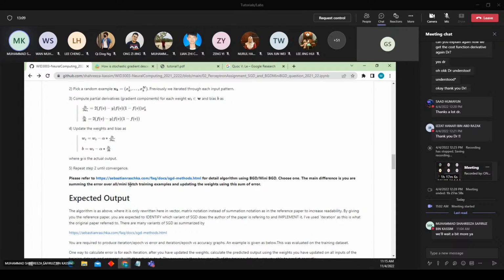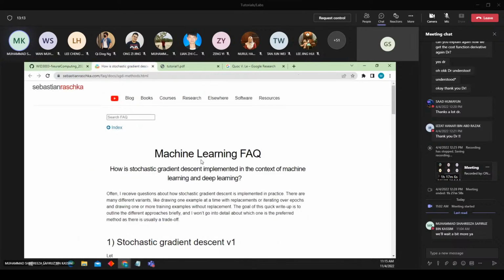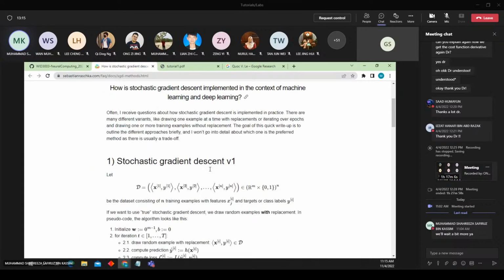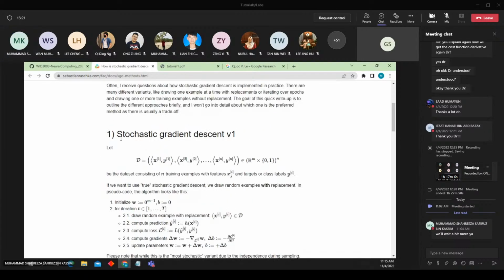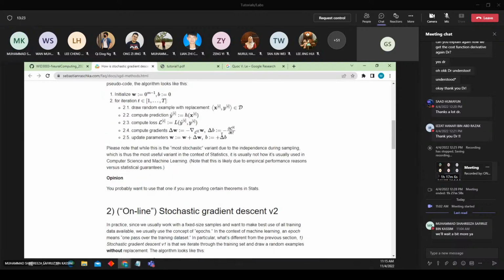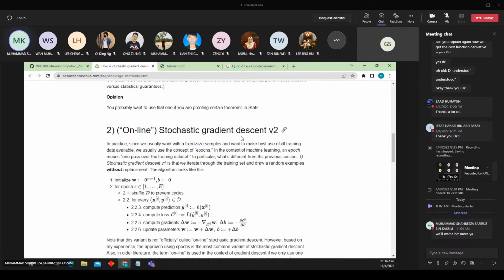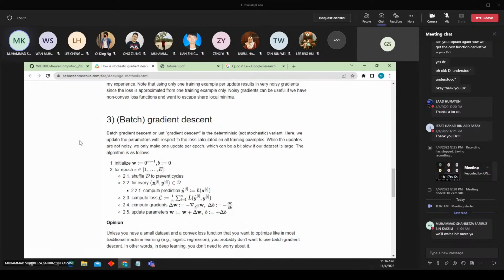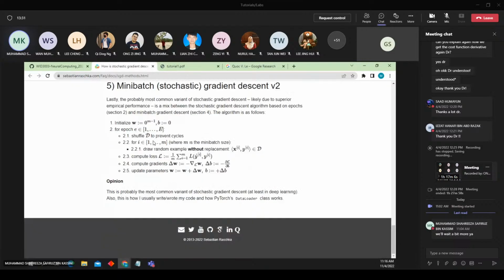And I've given a link to Sebastian Raschka's website. In this website, he talks about the different versions of gradient descent or stochastic gradient descent. You have the batch gradient descent and the mini batch gradient descent.